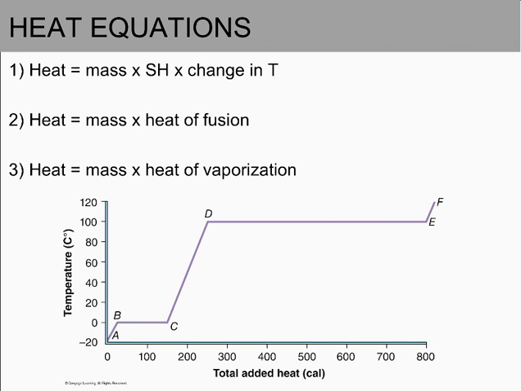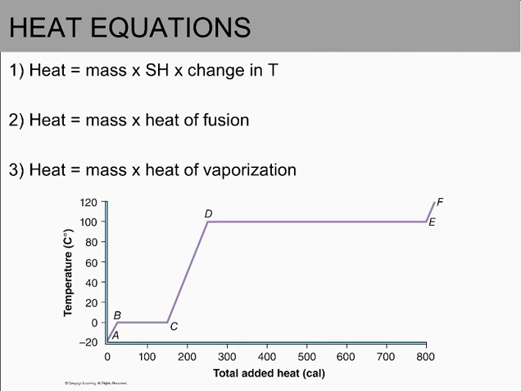Okay, so now let's apply everything we just talked about to our heating curve. There are 3 different heat equations we can use in order to determine how much heat is needed to, for instance, melt ice, turn it into a liquid, and then boil that liquid.